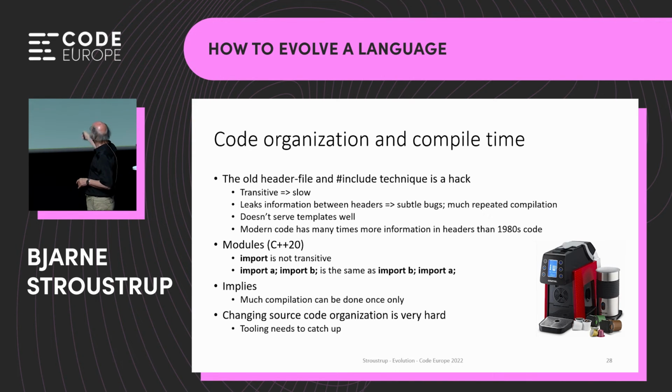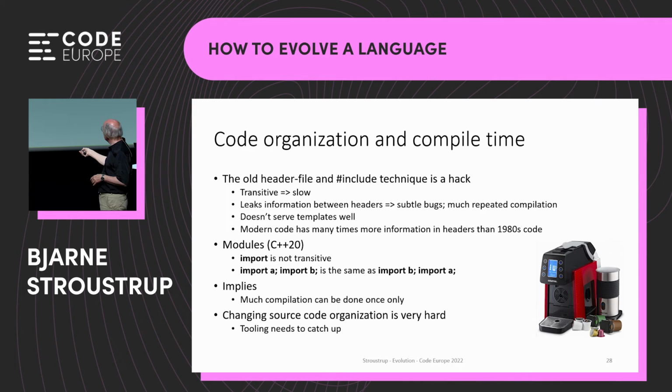Not good. Much repeated compilation: include an include file in 100 .c files, and you compile it 100 times. This is not great. So it doesn't serve templates well, and yes, the header files are much bigger. Modules in C++20: import is not transitive, one problem solved.